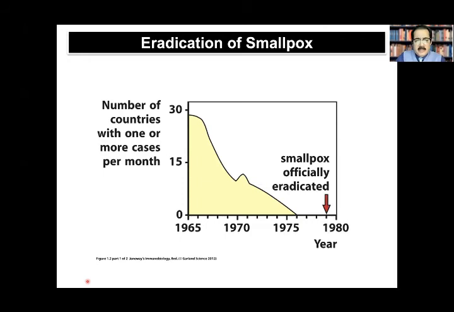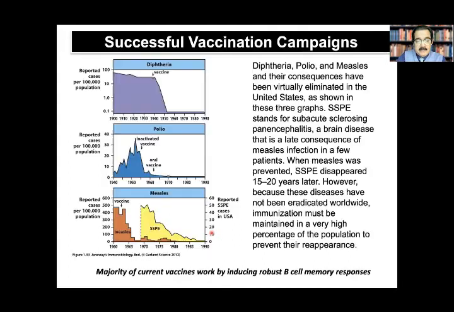Okay, so this slide tells you the success of vaccines. Following vaccination, by 1980 we eradicated smallpox, because you can actually immunize and then get rid of the infection. And this is to show you three different diseases: diphtheria, polio, and measles.